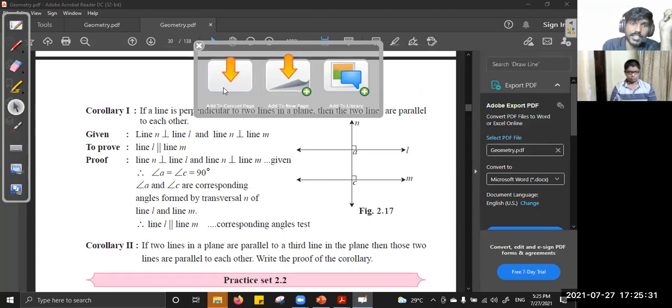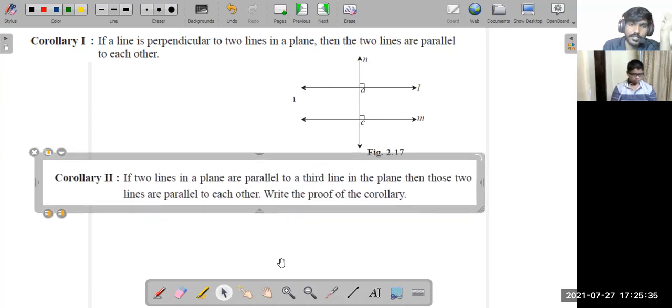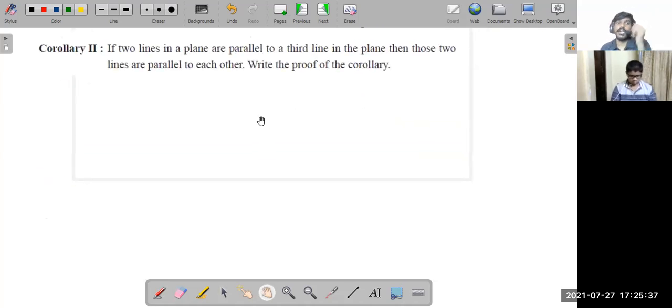And let's see the second corollary. If two lines in a plane are parallel to a third line, then those two lines are parallel to each other.